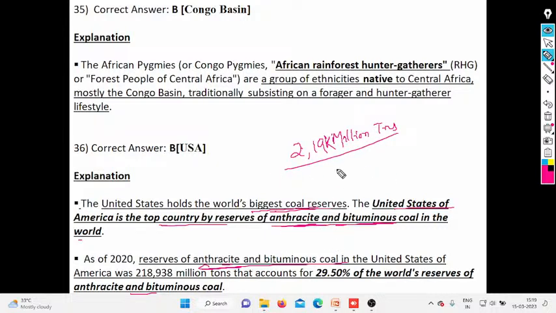That accounts for 29.5% of the world's reserves of anthracite and bituminous coal.